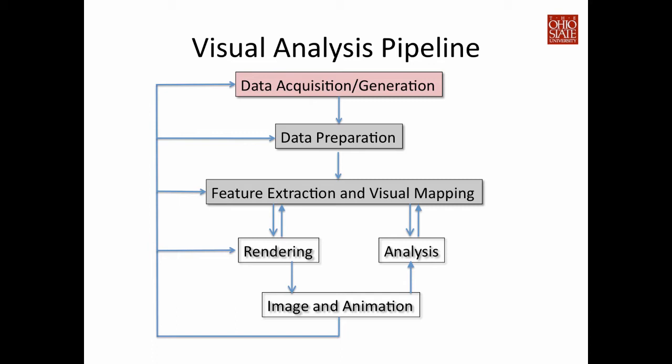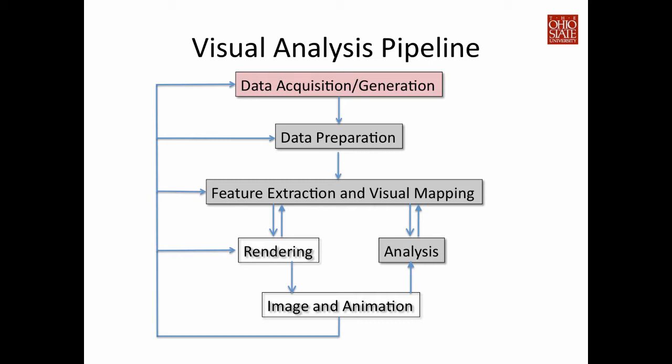And also, we need to map the feature, be it geometry or images, to a visual output. We call that visual mapping. And we're going to analyze the result. Notice that I have a double arrow here, which means feature extraction, visual mapping, and the analysis are going to be done iteratively.